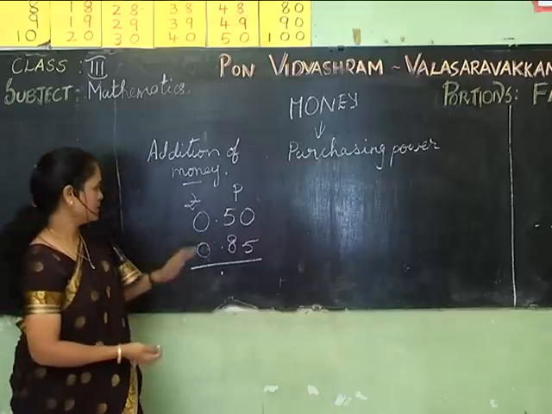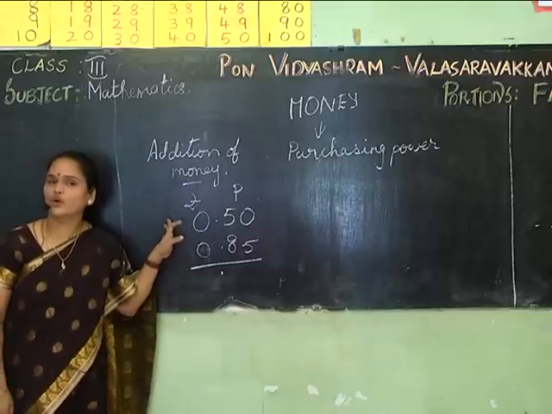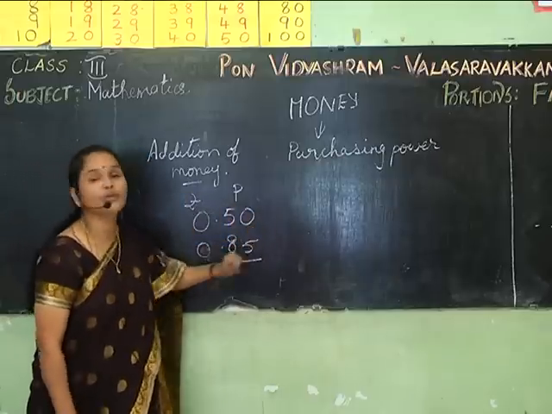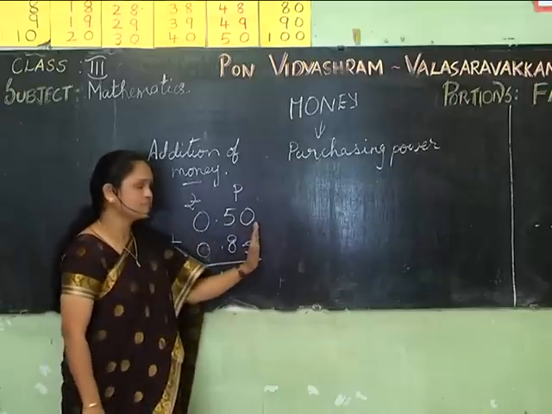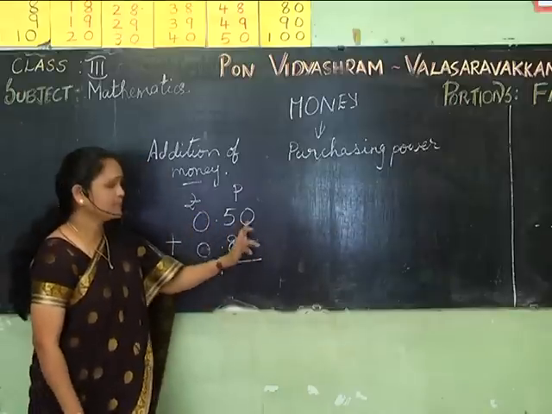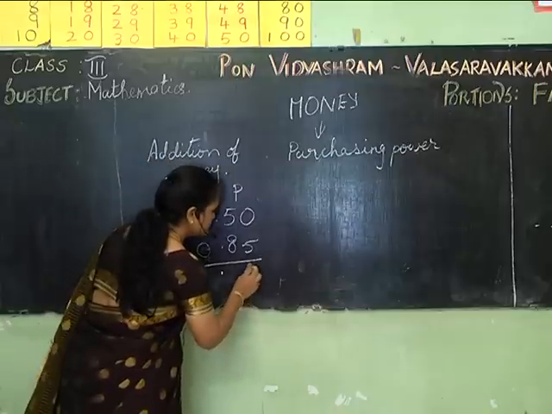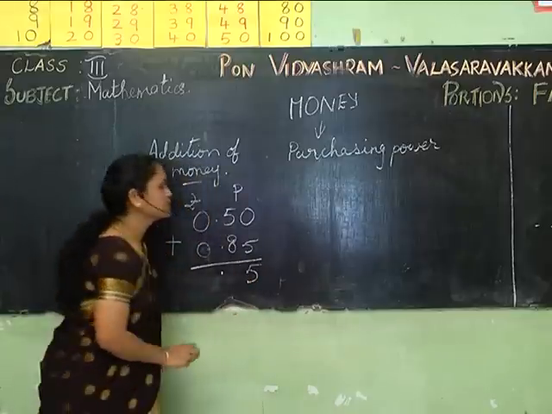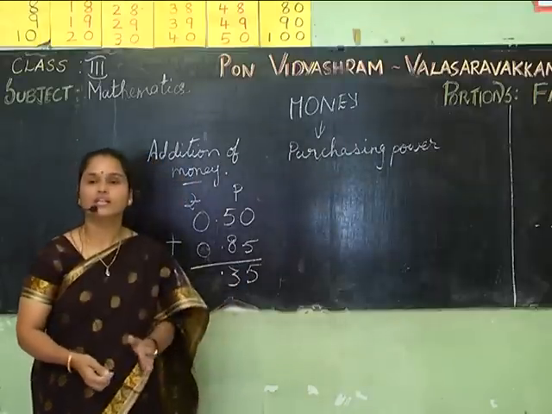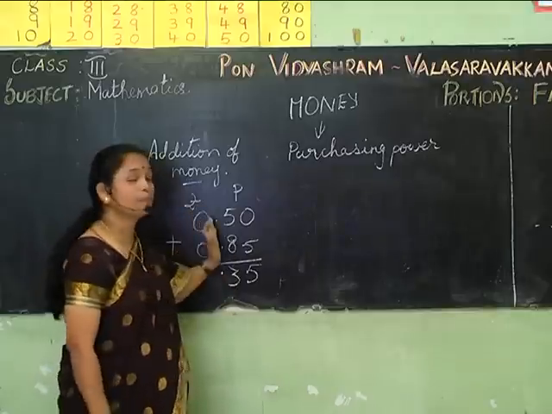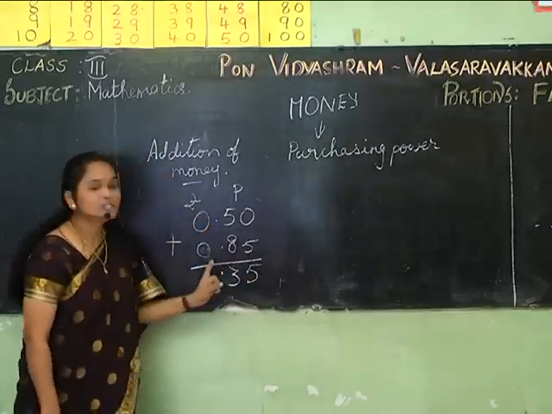Now, here no rupees is given. You add it. The same thing. First from the paise. 0 plus 5 is 5. 8 plus 5. Then it's just your normal addition, children. But the most important point is putting the dot correctly.